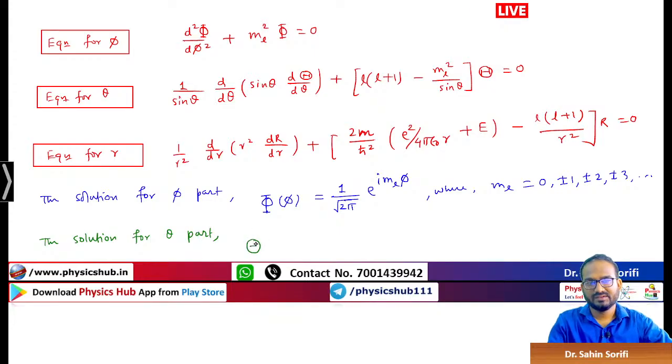Capital Theta, a function of small theta, equals A times PLM of cos theta.